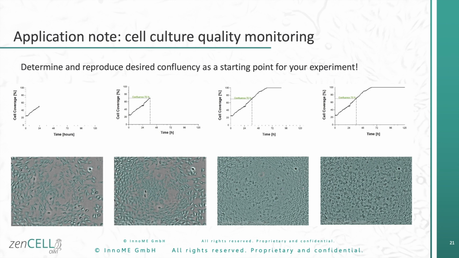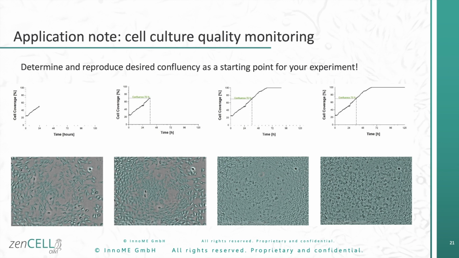The cell coverage then rises up to the point of 36 hours to about a coverage or confluency rate of 70%. And then, after more than 72 or 96 hours, we can see a fully covered surface and the so-called plateau phase.